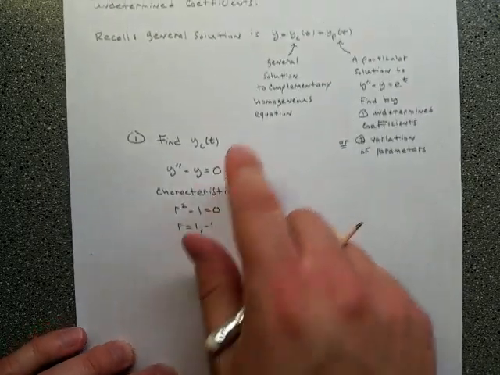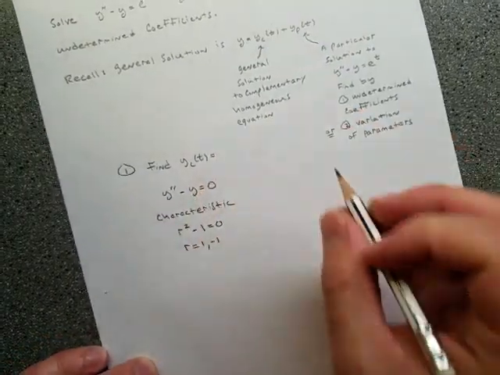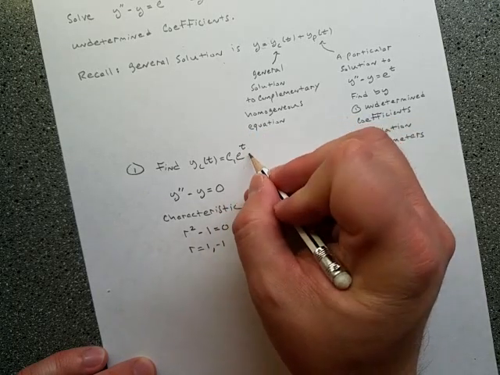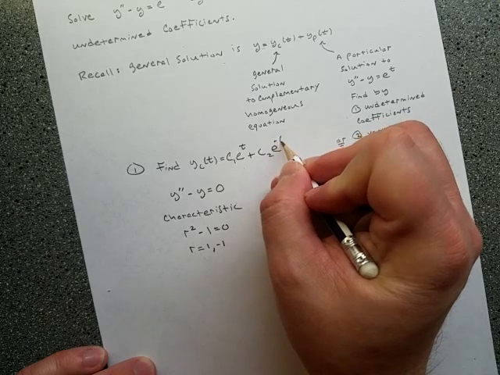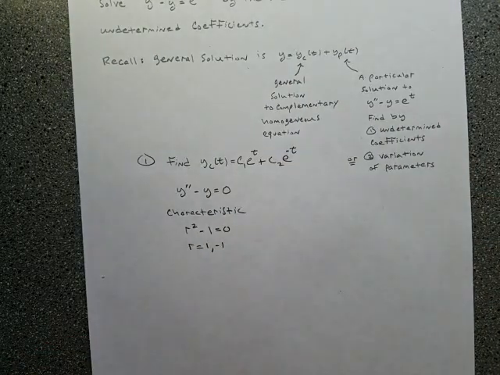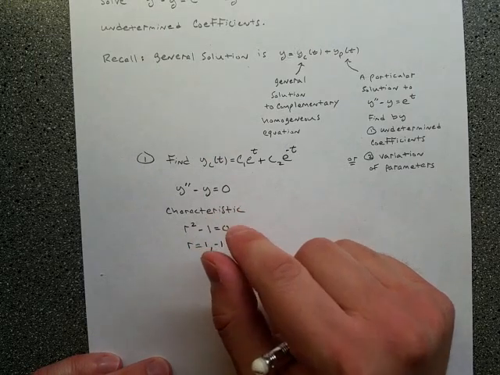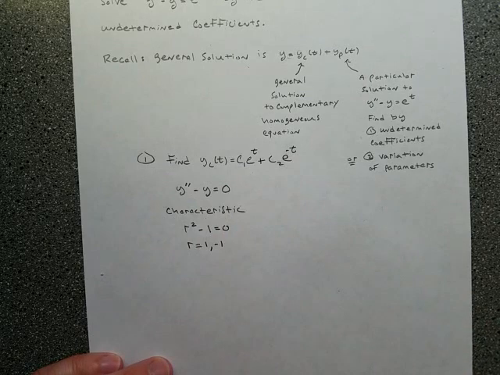And we'll get this straight from that as some constant c1 times e to the t power plus some other constant c2 times e to the minus t power. Okay, so fairly simple and straightforward for solving a homogeneous second order differential equation.